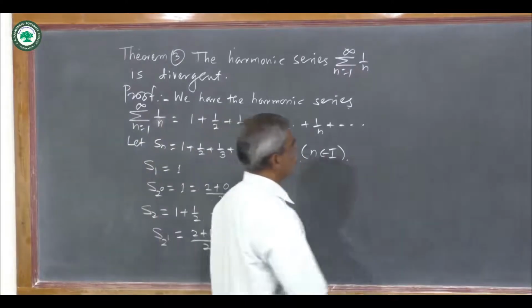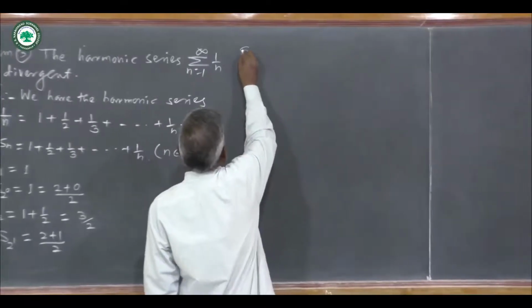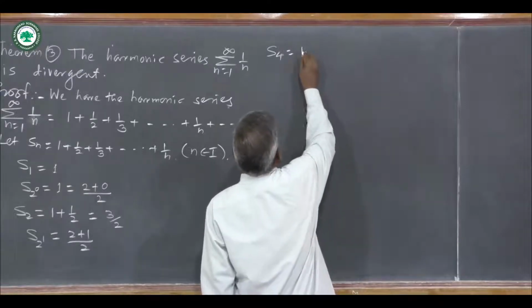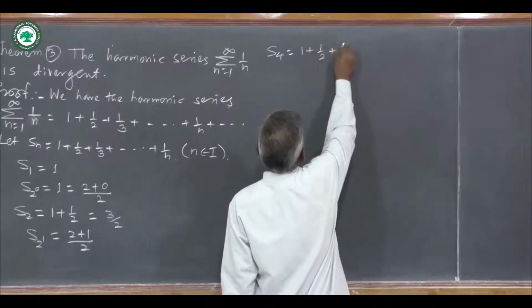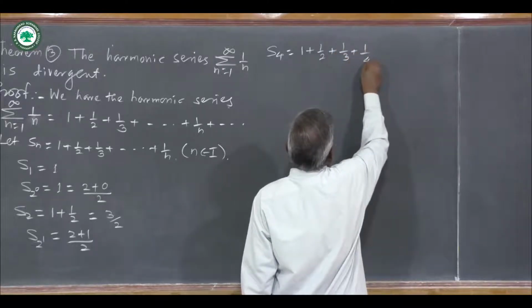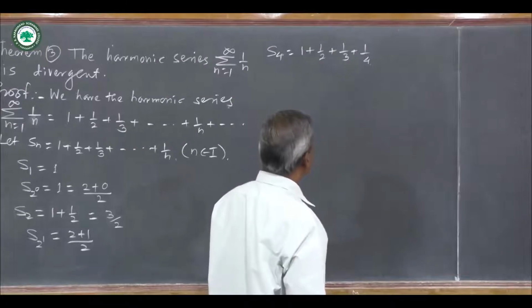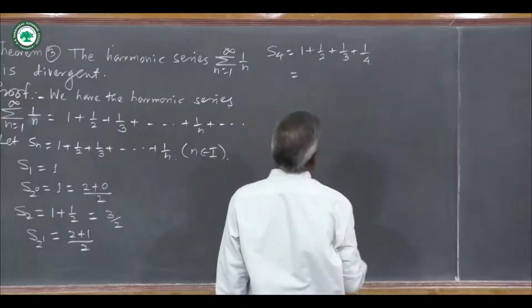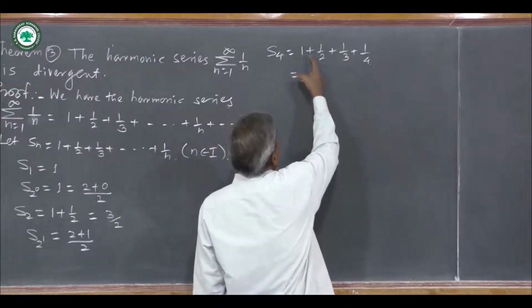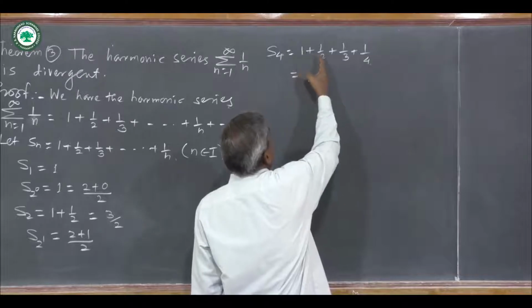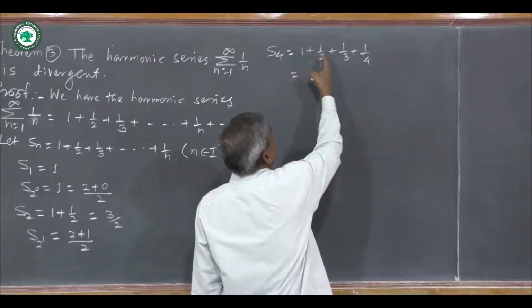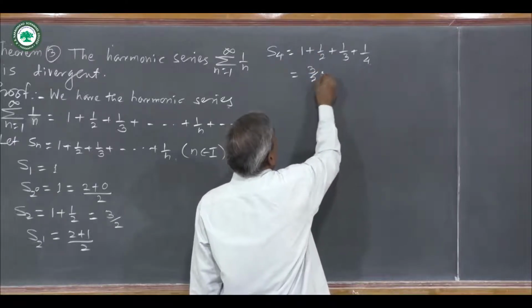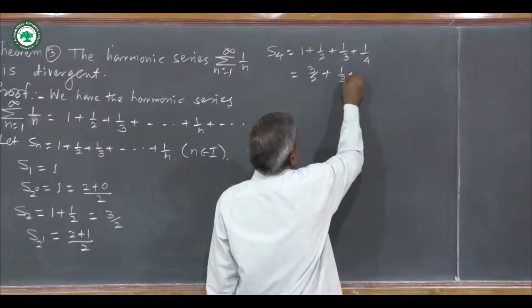S suffix 4 is equal to the sum of the first four terms, that is 1 plus half plus 1 by 3 plus 1 by 4. This is S2, which is 3 by 2, plus 1 upon 3 plus 1 by 4.